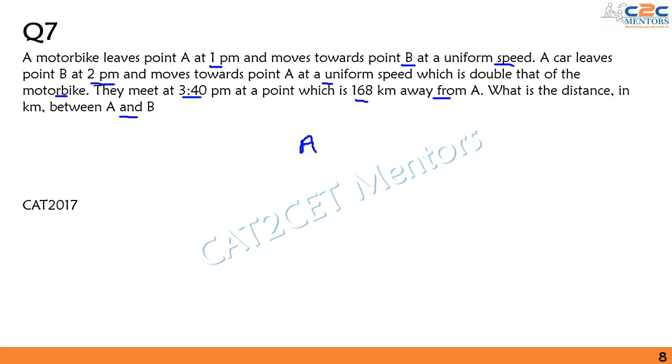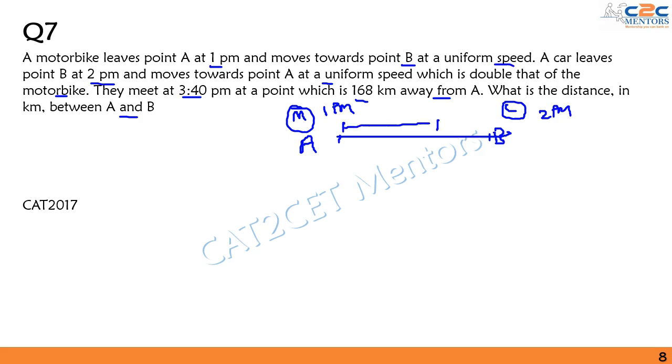Okay, let this be point A, let this be point B. We know that the motorbike starts at 1 p.m. The car starts at 2 p.m. Both of them meet at a point which is 168 kilometers away from A. This distance is 168 kilometers.